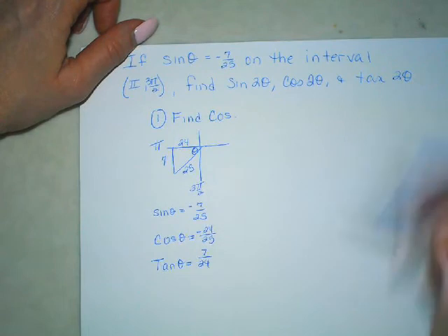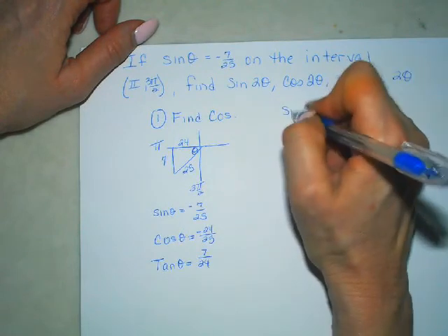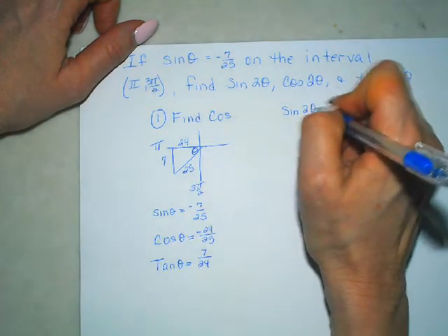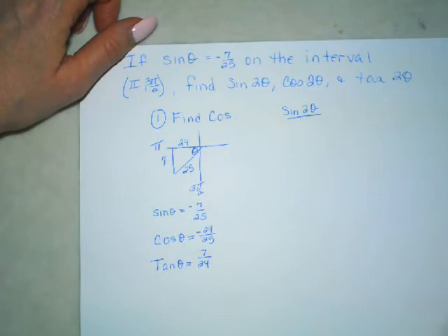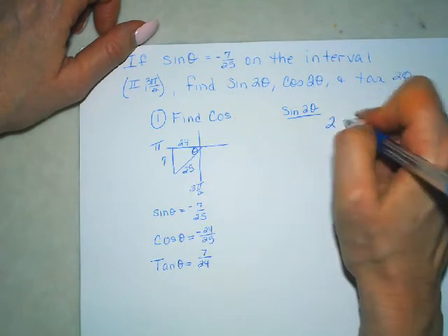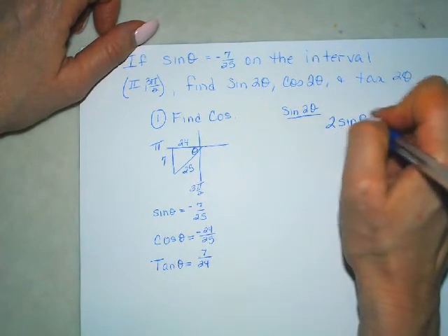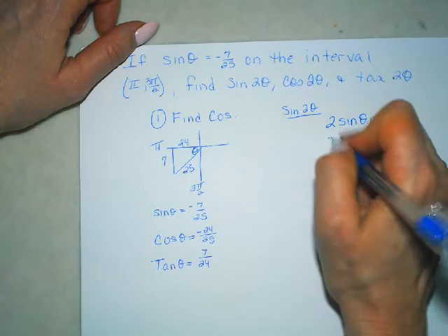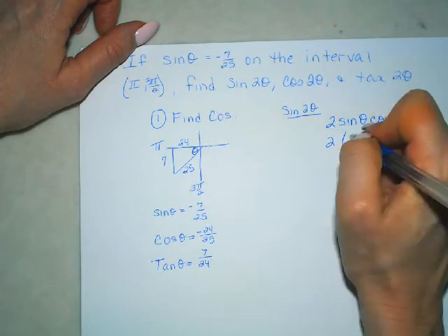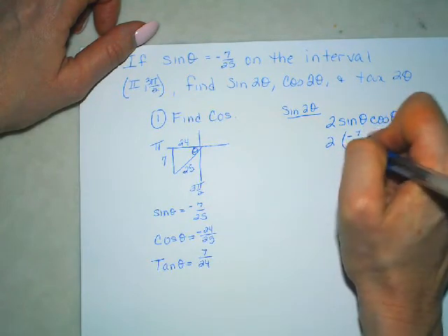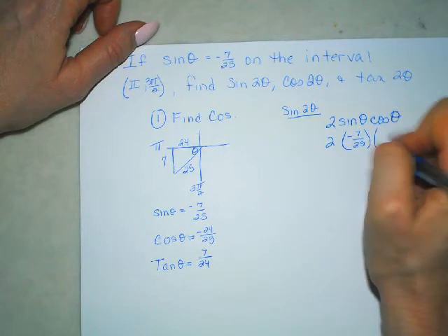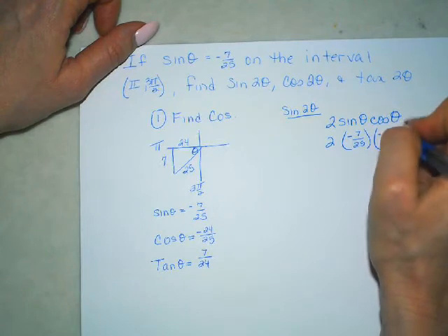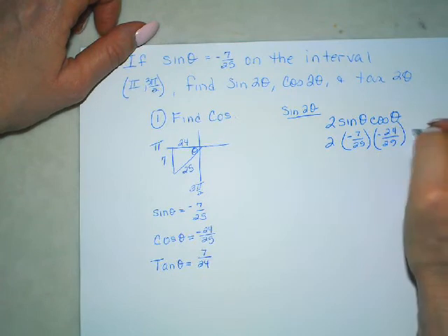So now we're going to find, using all these values, first the sine of 2 theta. The sine of 2 theta is 2 times the sine of theta times the cosine of theta. 2 times the sine, negative 7 over 25, times the cosine, negative 24 over 25.